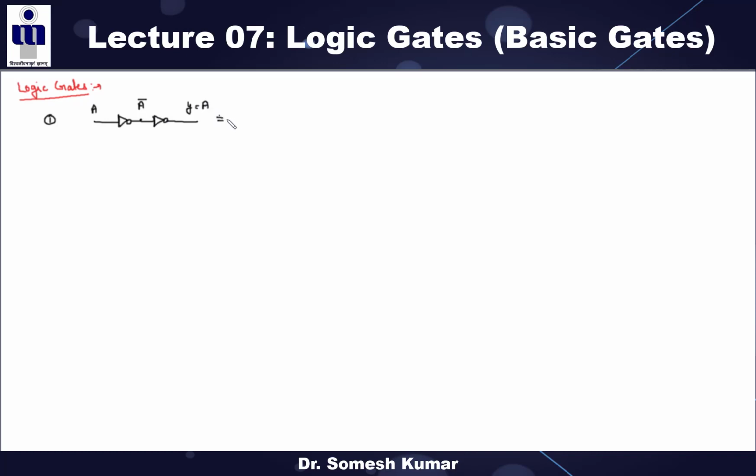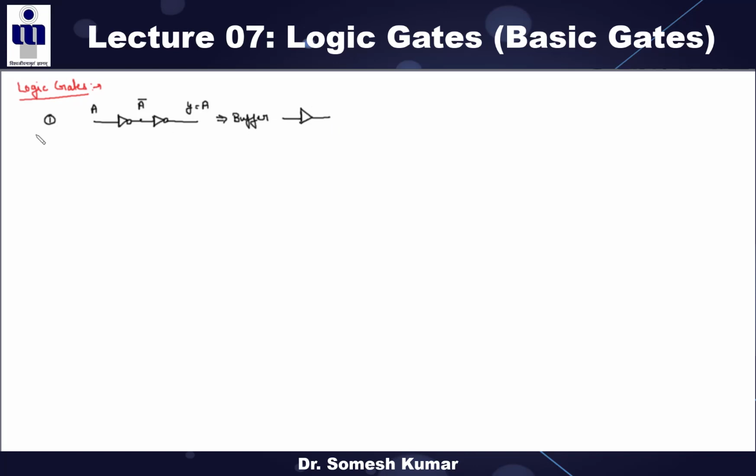So this circuit is called the buffer, in which the input and the output remain the same. In some books, the buffer is represented by only this symbol. This is your buffer symbol. Clear?